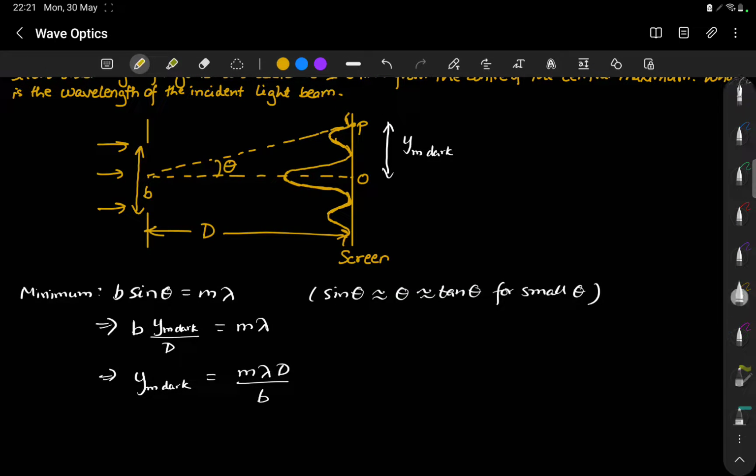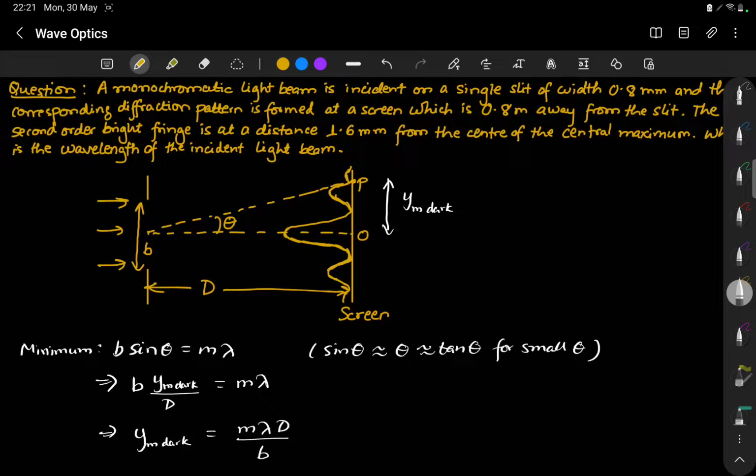If we look at this diagram over here, this is going to be our second order bright fringe, this second order maximum. Maybe I could redraw it again.